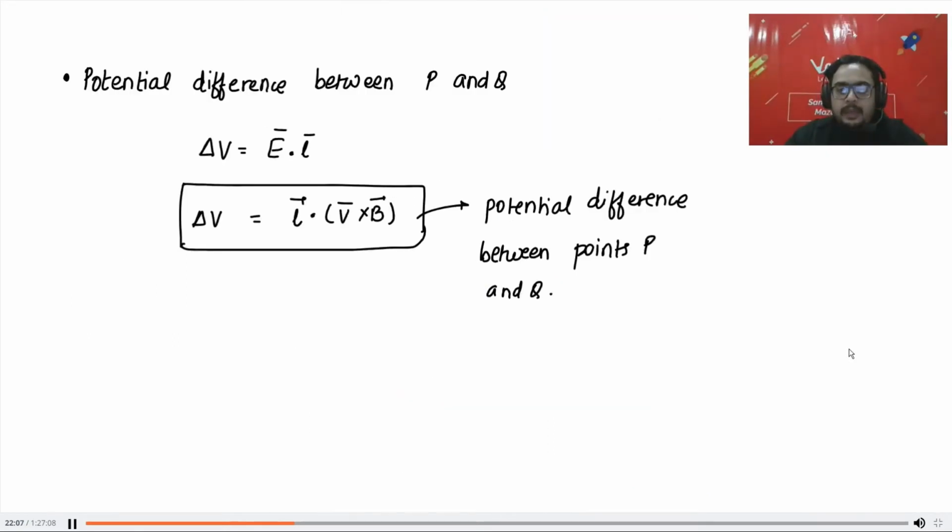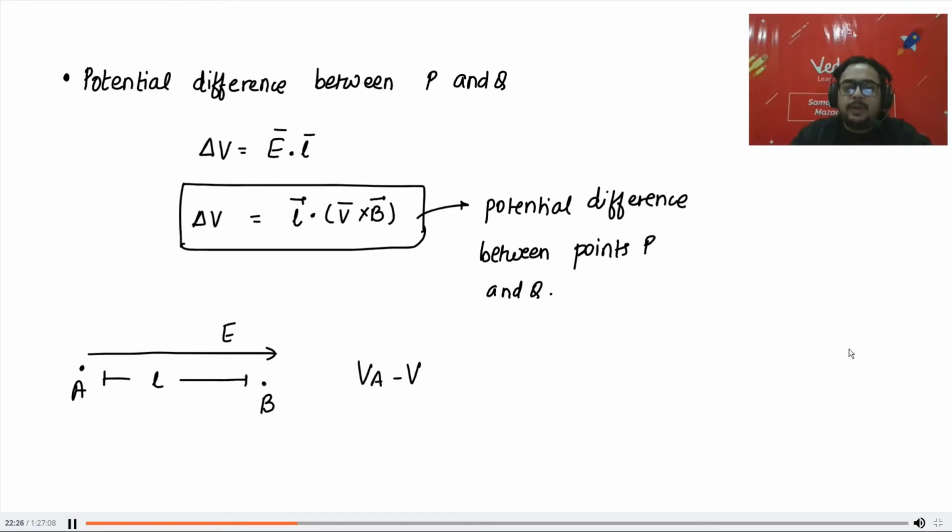Okay. Now you know potential difference between any 2 points. If you have 2 points, let me say A and B, and there is electric field in the region and the distance between the points is L, then the formula is VA minus VB is E into L. This you should study from the chapter electrostatics.